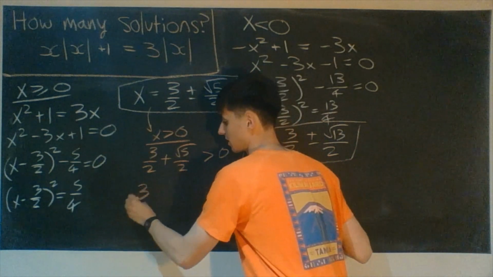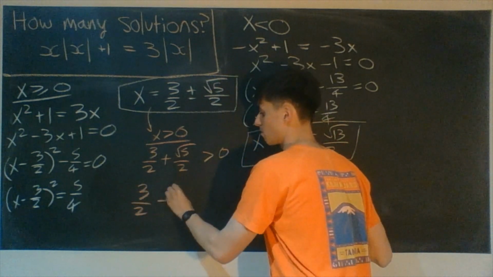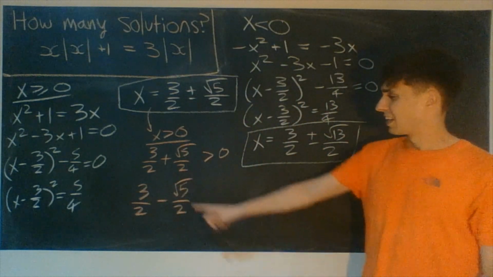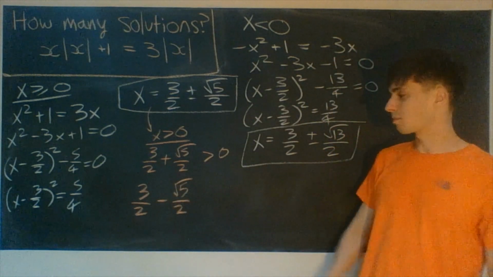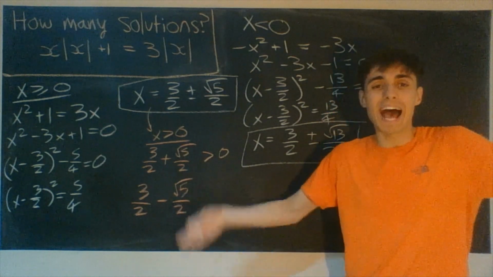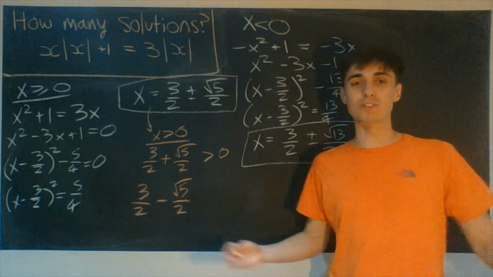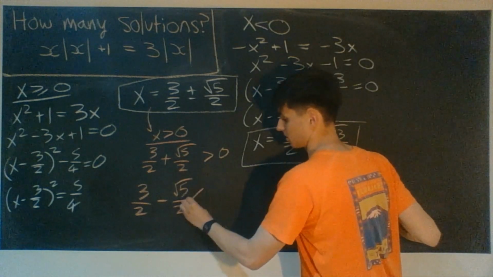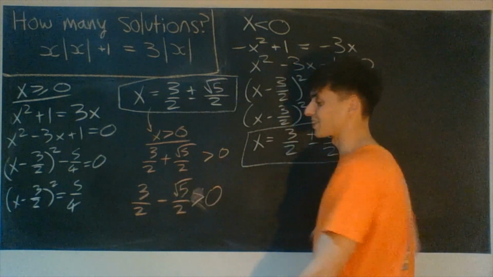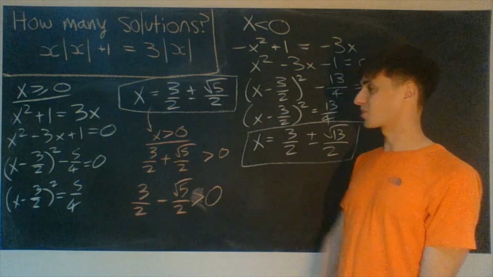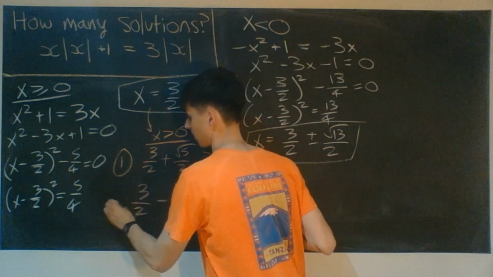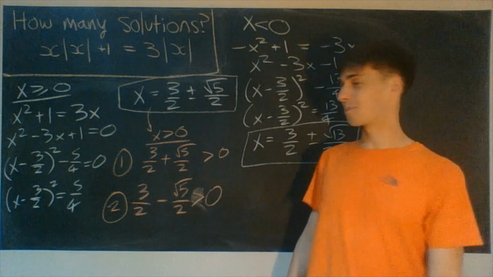If we think about the other case, 3 over 2 minus root 5 over 2, we've got a positive number take away another positive number. 3 is definitely bigger than root 5. Root 5 is somewhere between 2 and 3. So this one should be greater than 0 as well. Both of these solutions have x greater than 0, so they both work. So we've got solution number 1 and solution number 2.